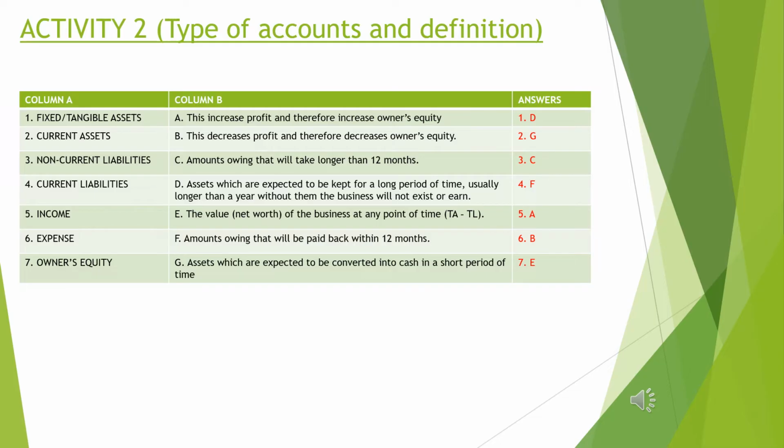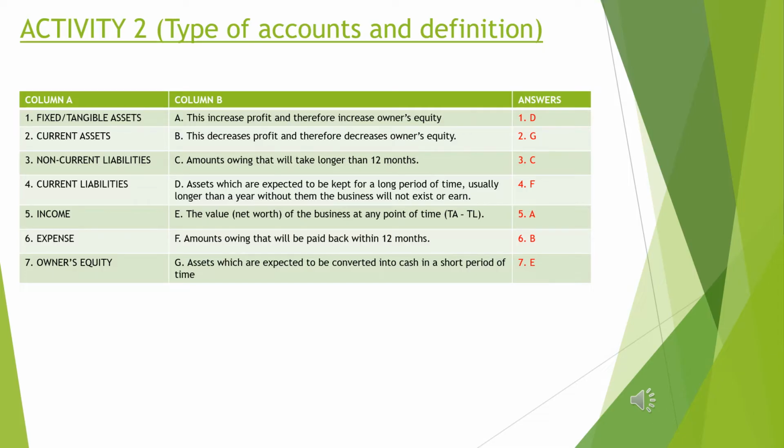One of the things that reduces your profit is an outflow of cash. If you are making a payment, your profit is being reduced because less is being held within the company because of the payment. So let us look at column A. The most accurate answer here is number 6, an expense.